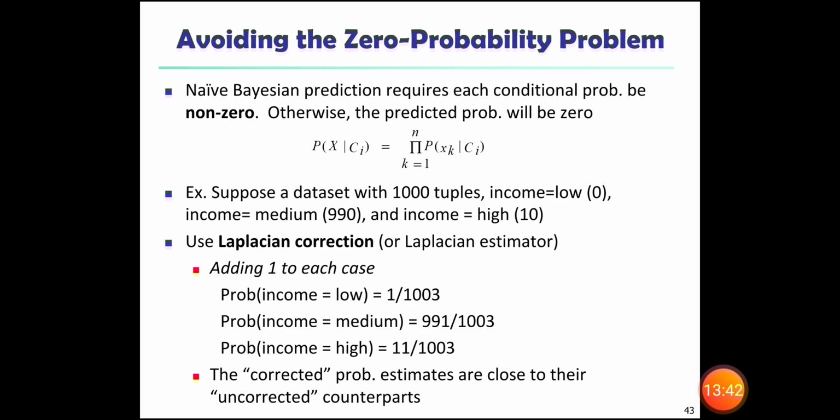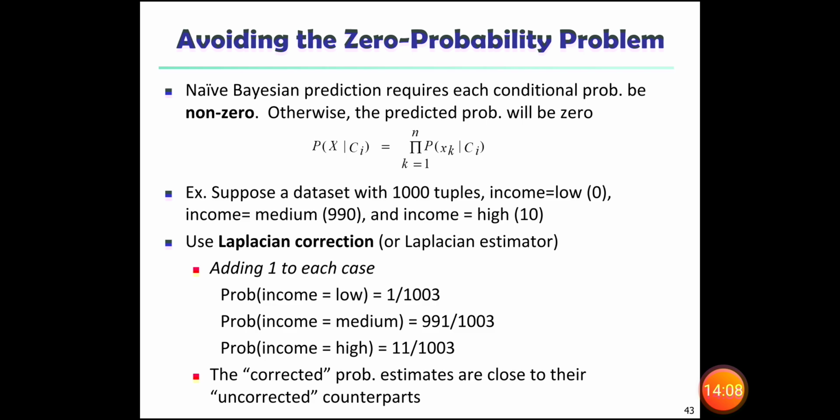By using Laplacian correction, we can add one to all the categories. By that, 3 will be added to the tuples, so it will become 1003, and income low will become 1, income medium becomes 991, and income high will become 11.